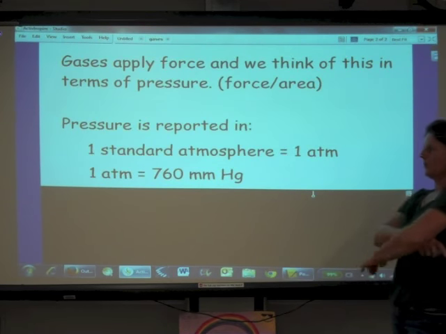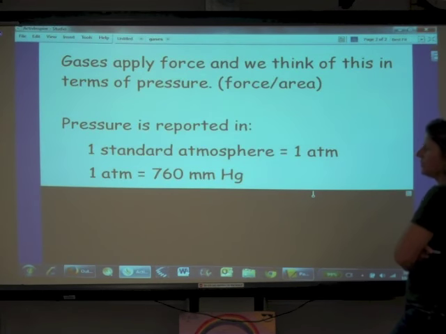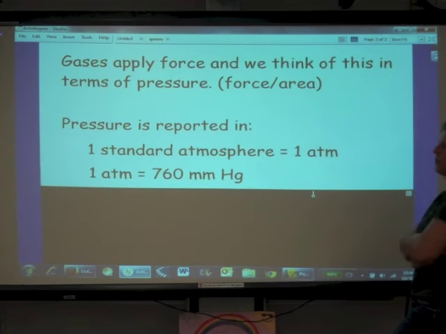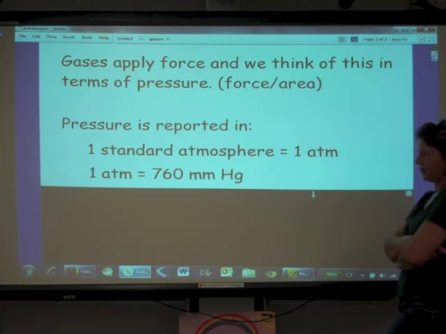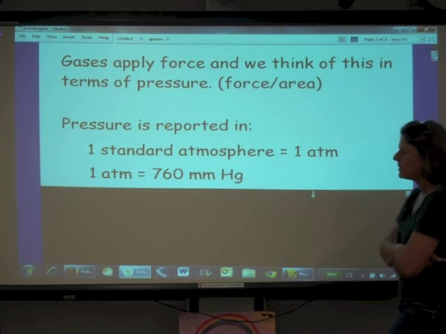One atmosphere of pressure is equal to 760 millimeters of mercury. So we use barometers to measure air pressure. They work, well, not the same as a thermometer, but similar.